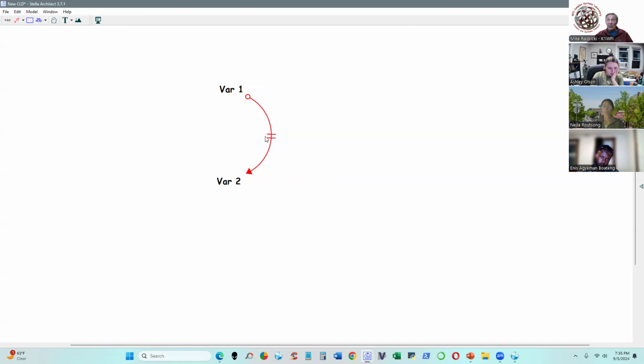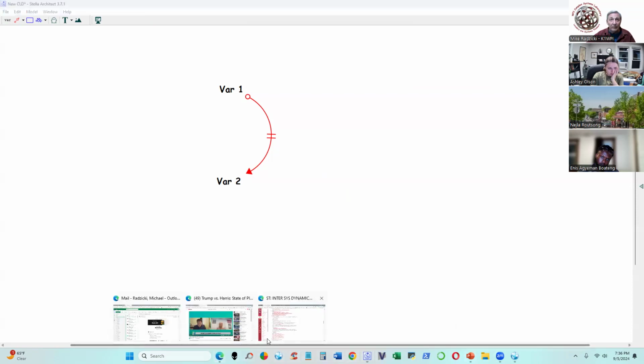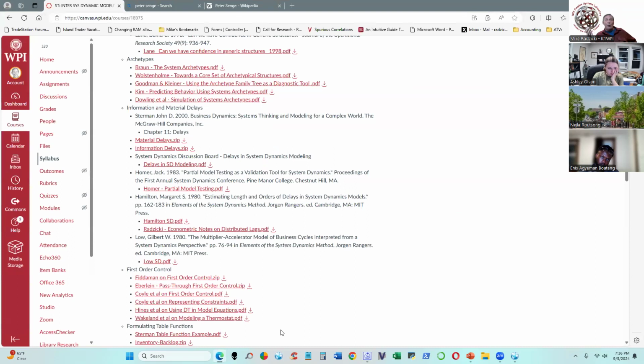So sometimes they'll represent it with a box instead of 2 slashes, and say delay in it, in their causal loop diagram. So what are you gonna do? There's different ways to do it.